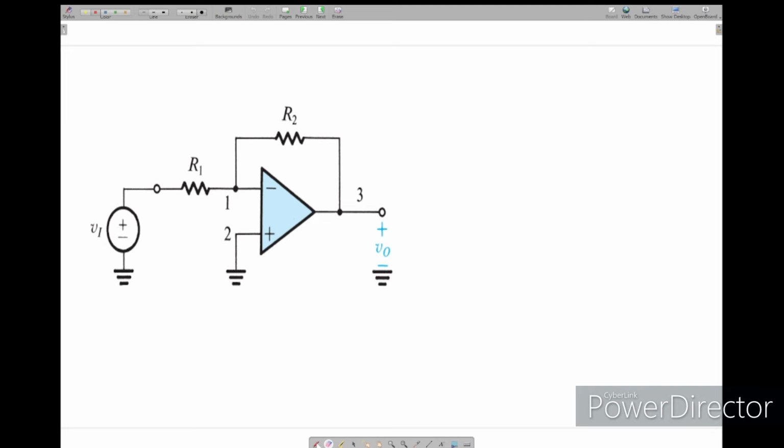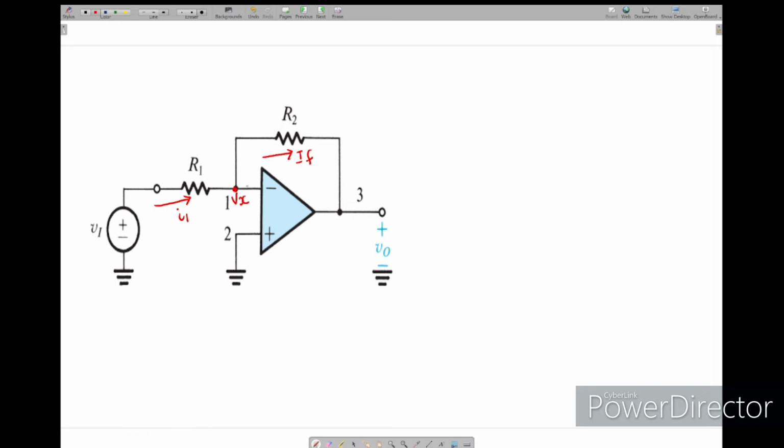Now you see, the input is connected here and the output through R2 is connected to this node. We'll assume this node is Vx. To take the currents, this one is I1 and this current is IF.